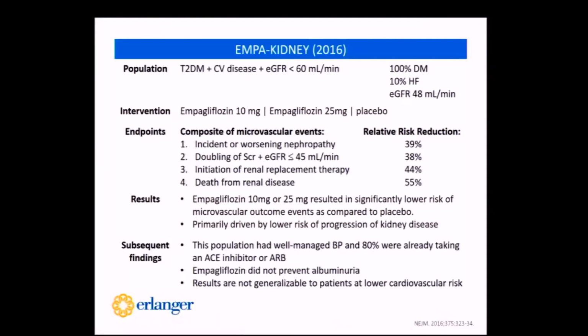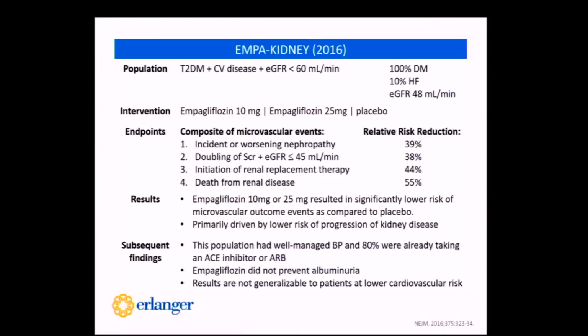And these endpoints had a relative risk reduction of 39, 38, 44, and 55% respectively. So as a result, this trial concluded that empagliflozin 10 or 25 milligrams resulted in significantly lower risk of microvascular outcome events as compared to placebo. And this was primarily driven by that lower risk of progression of kidney disease.